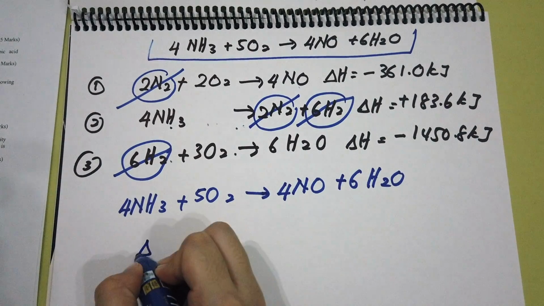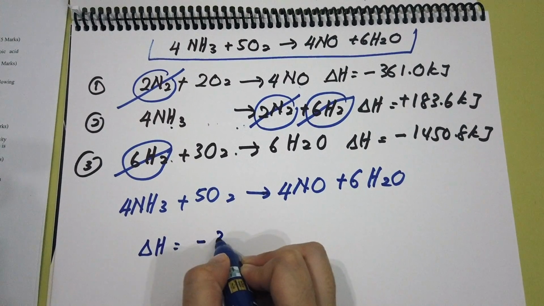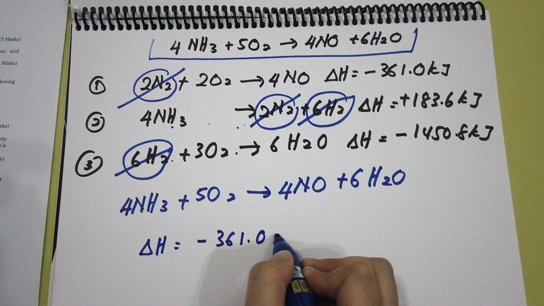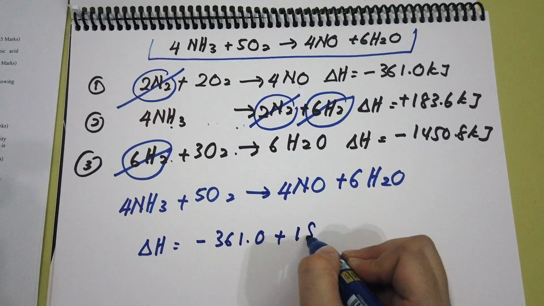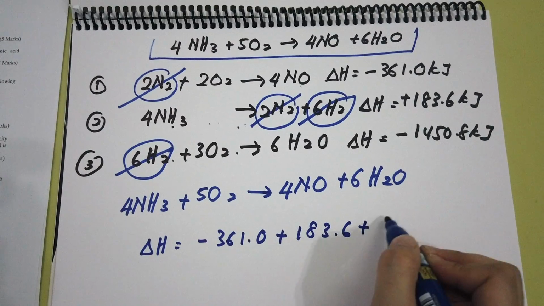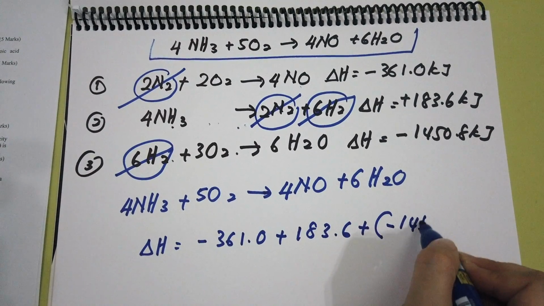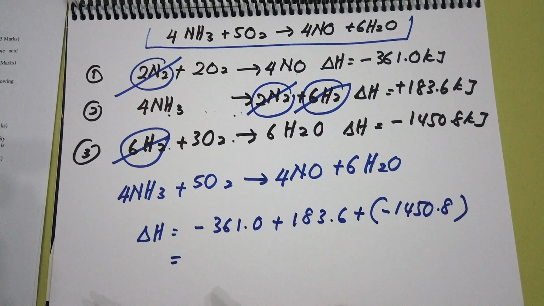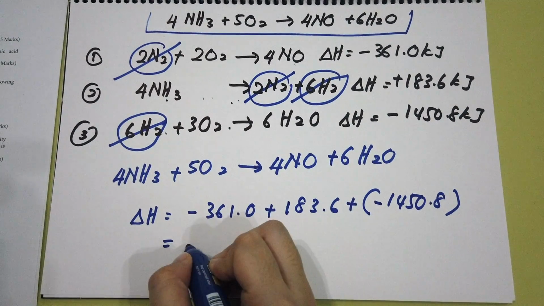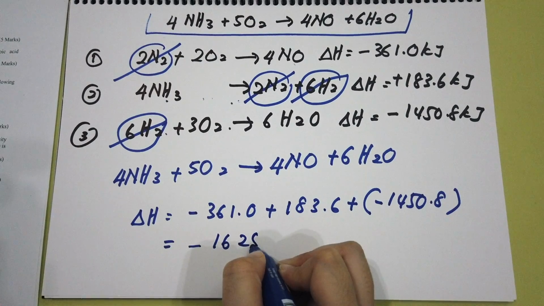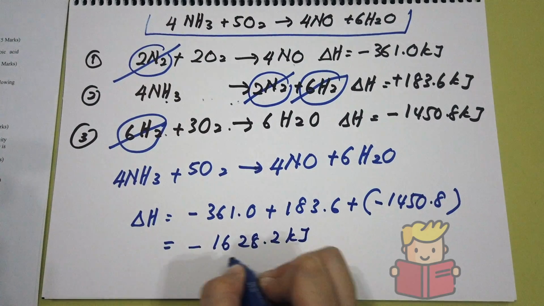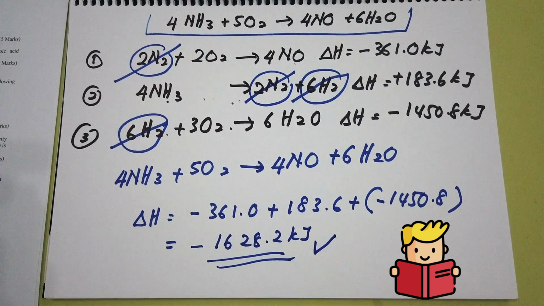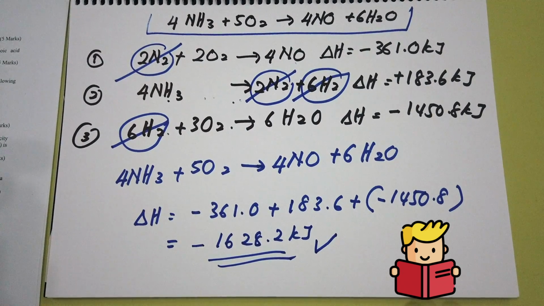Your delta H is equivalent to negative 361.0 plus 183.6 plus negative 1450.8. So you should get your delta H equivalent to negative 1628.2 kilojoules. This will be our final answer for question number 2a.